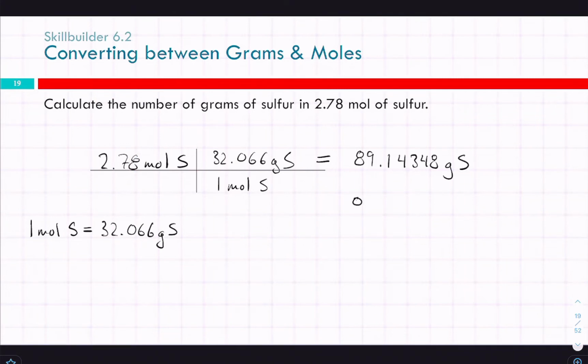And then the correct number of sig figs here would be 3. So 89.1 grams of sulfur. So different element, different conversion factor. They all come from the same place, right? They're all off the periodic table. You always have a periodic table available.